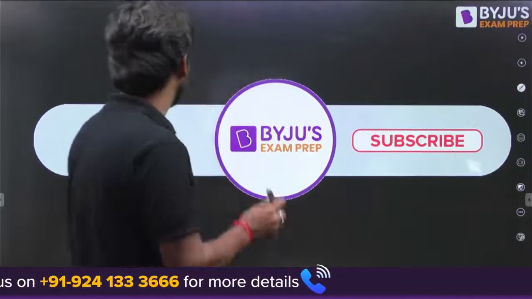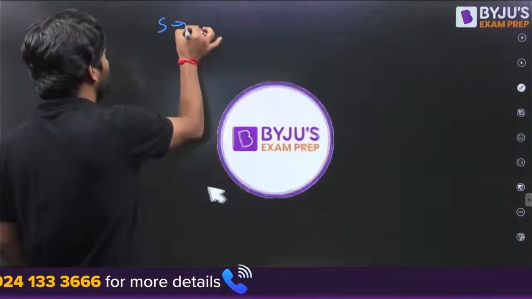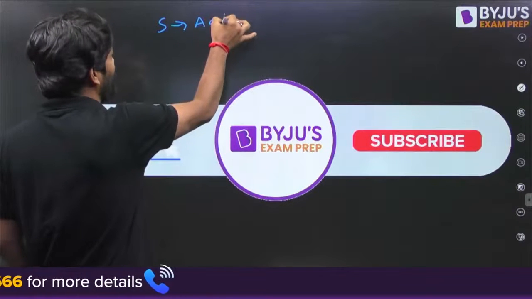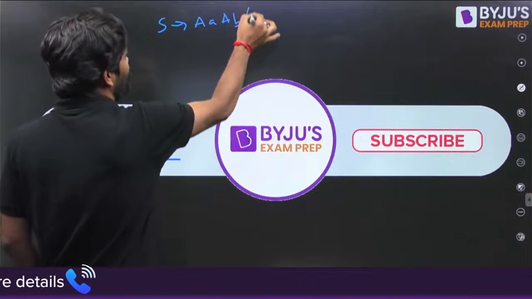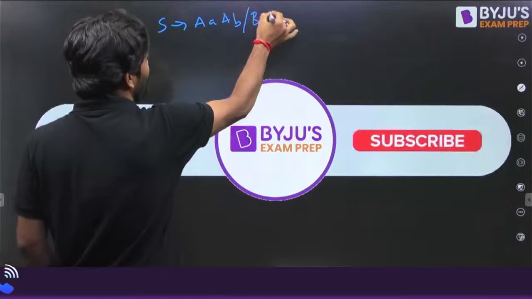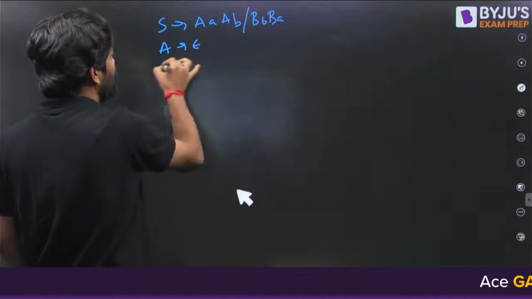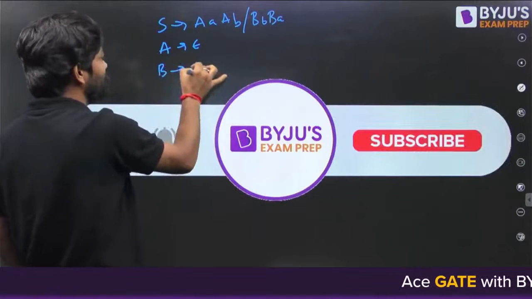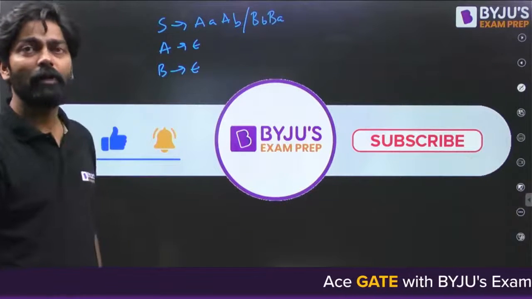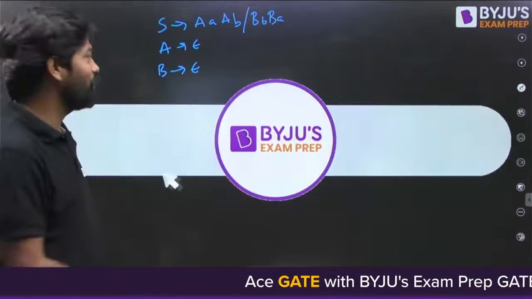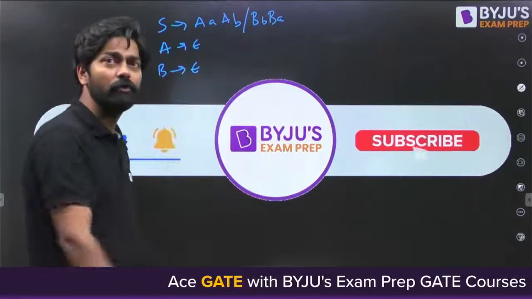The last question that I have given is a good question. S goes to AB, BA, and we have A goes to null and B goes to null. I think everyone knows this is not LR0, because in the very first state we have a reduce conflict.